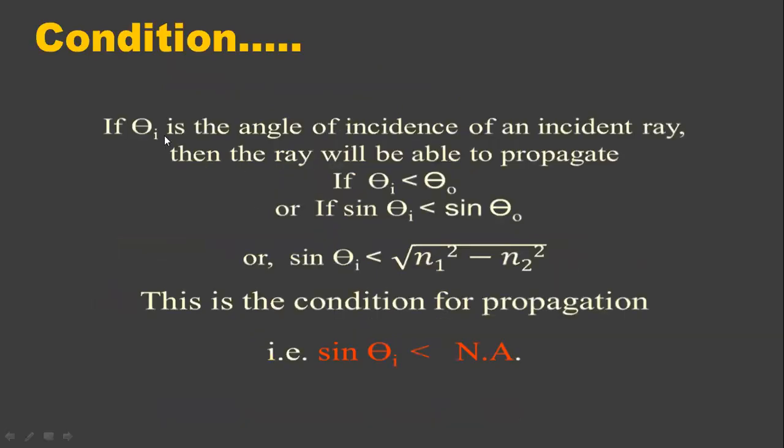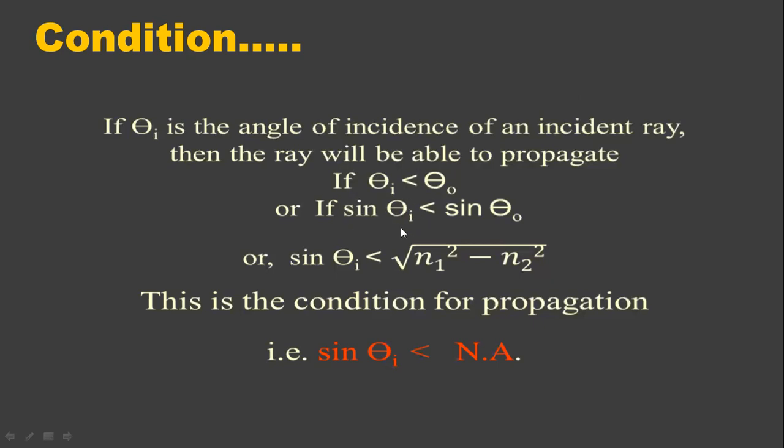Next, if theta I is the angle of incidence of an incident ray, then the ray will be able to propagate if theta I is less than theta naught. Theta naught is the maximum value of the angle of incidence required, so that is the acceptance angle. So for the propagation of the incident ray, theta I should be less than theta naught.